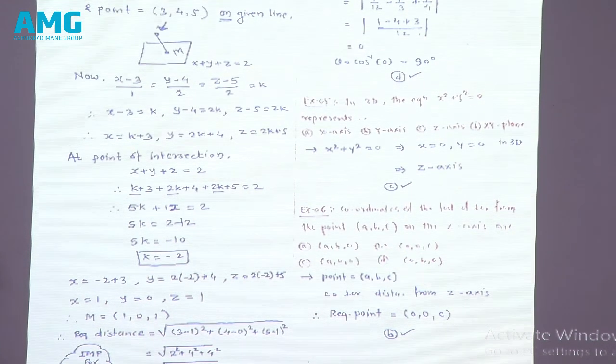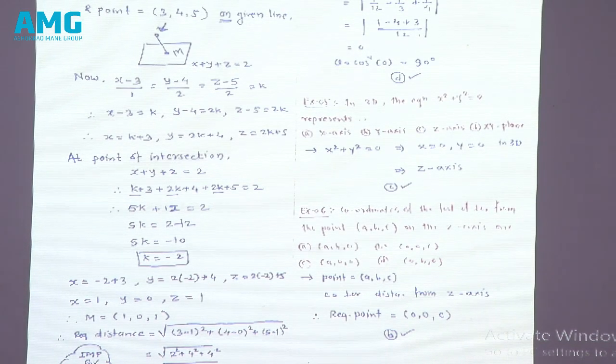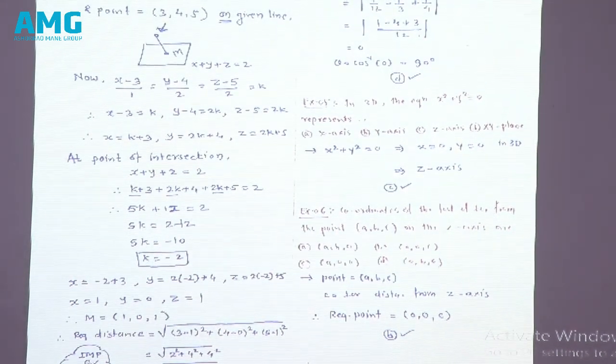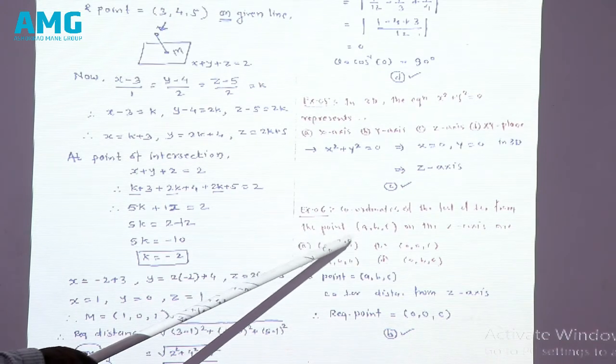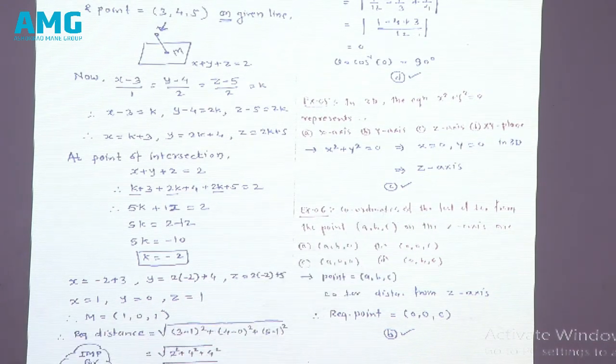Now, example number 6. Very simple question. Coordinate of the foot of the perpendicular from the point (A, B, C) on the z axis.